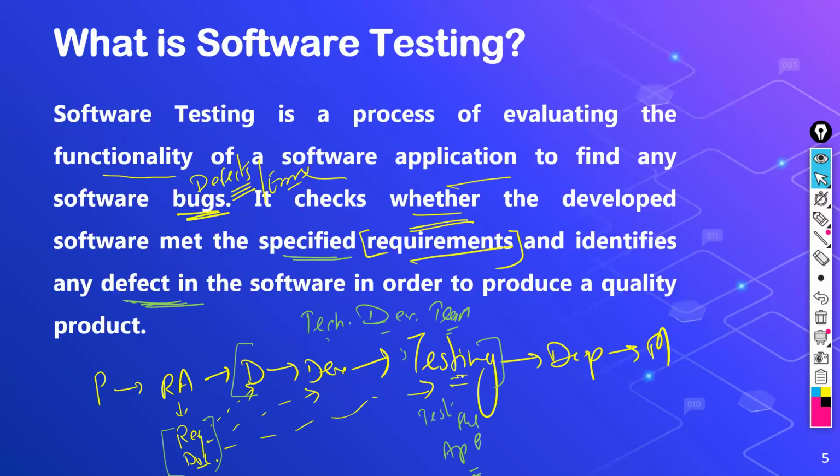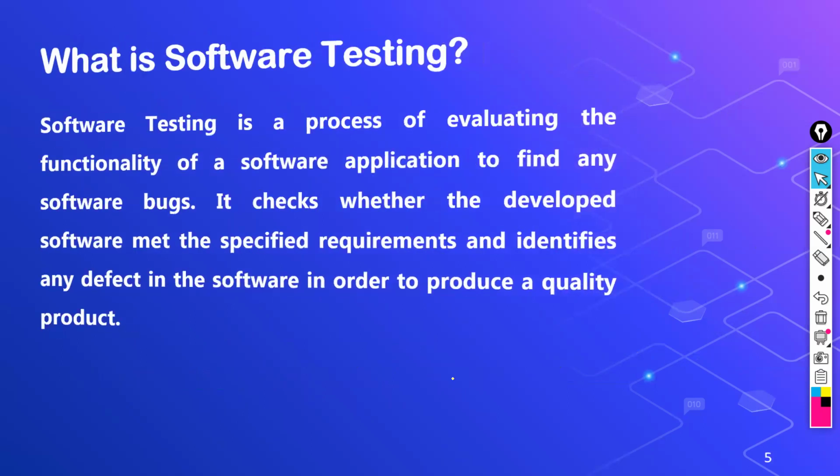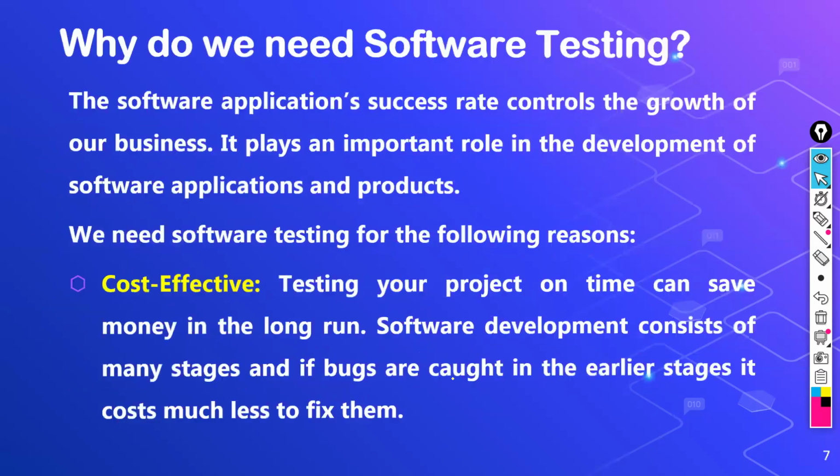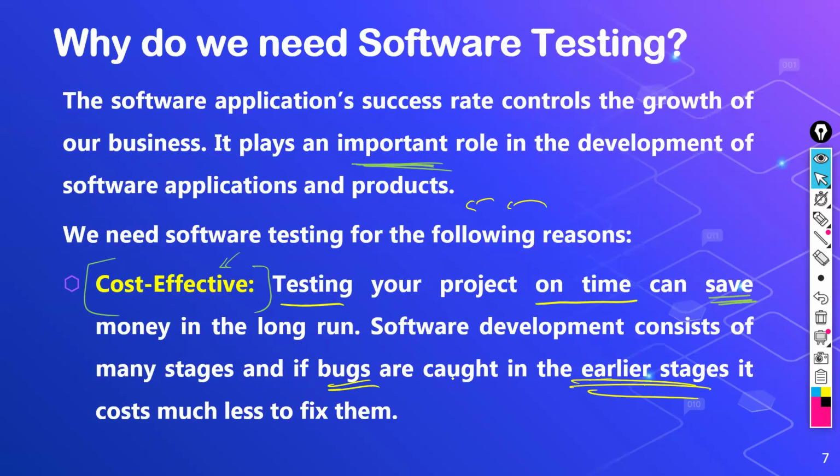Bugs you will be able to find only if you have the application, because the development team will provide you the application, and then only you will test, right? Before that, how can you apply testing? So it's not just about testing the application. You can even test the requirements and design.